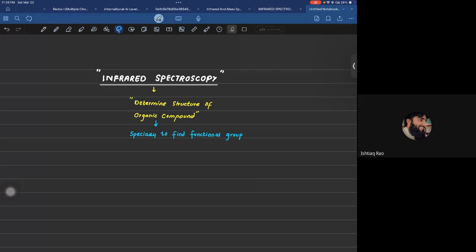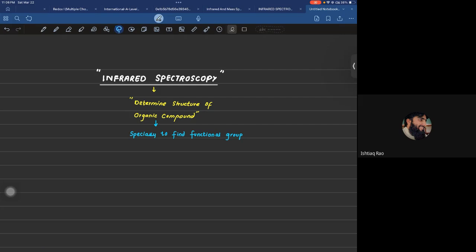Of course you need to do analytical techniques that include NMR, IR, and mass spectrometry, along with chromatography. A few of the techniques, NMR and chromatography, we will study in A2, and the rest we study in AS level. We have studied mass spectrometry and today we are discussing infrared spectroscopy.